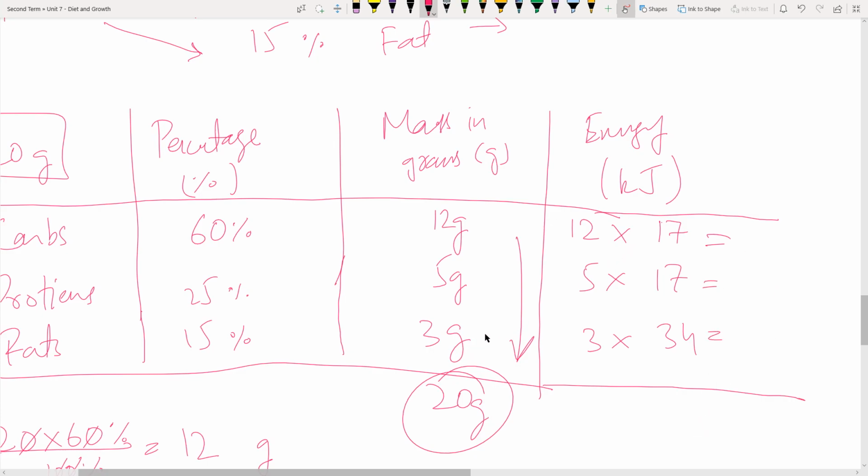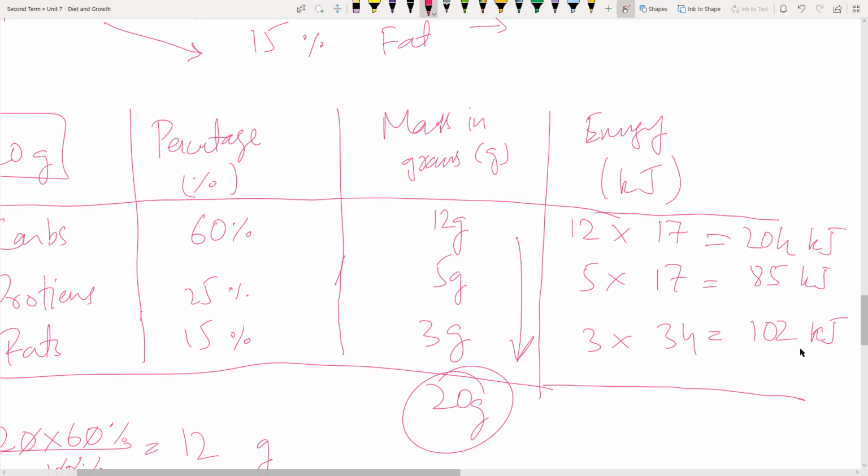So let me grab my calculator real quick. In case you're looking for the total energy, this is going to be 204 kilojoules produced by the carbs in the piece of toast. And then by the proteins it was having, it is going to be 85 kilojoules, and finally our fat in the bread.